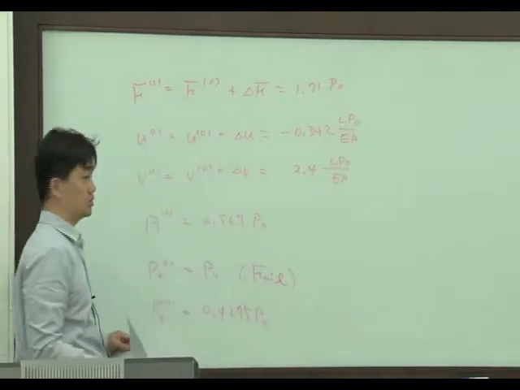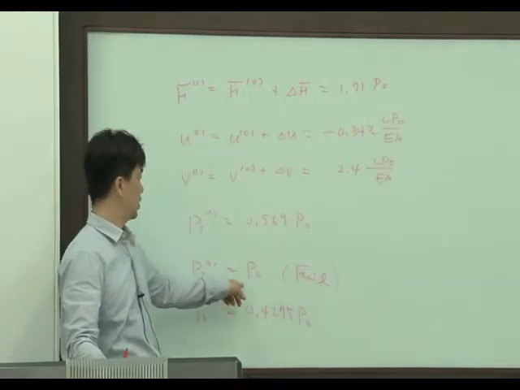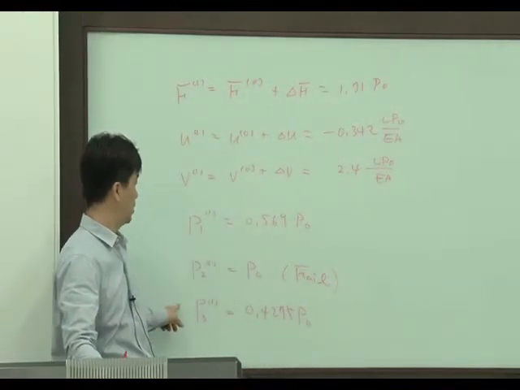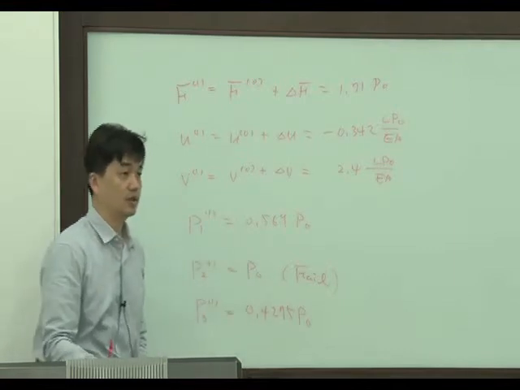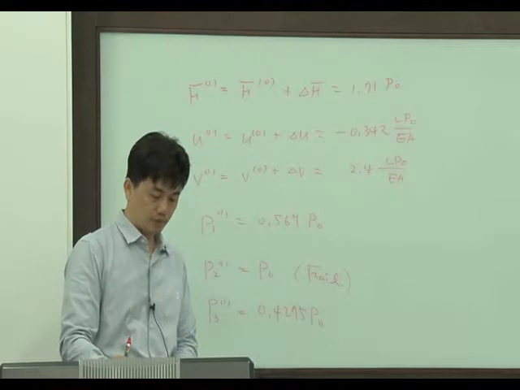So if you look at this result, member 2 has failed, and member 1 and member 3 have member forces smaller than the limit force P0, right?